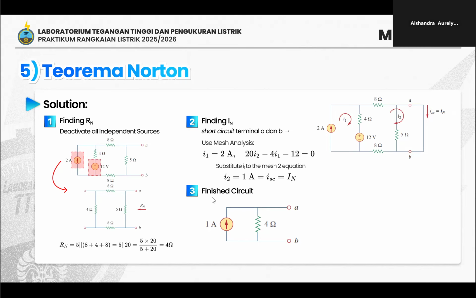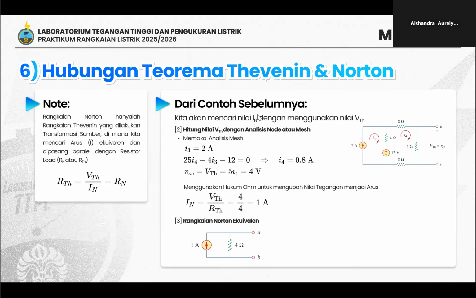That's why we can simplify the circuit to a 1 amp current source with a 4 ohm resistor. And the correlation between those two is just as simple as a source transformation, as I said beforehand.